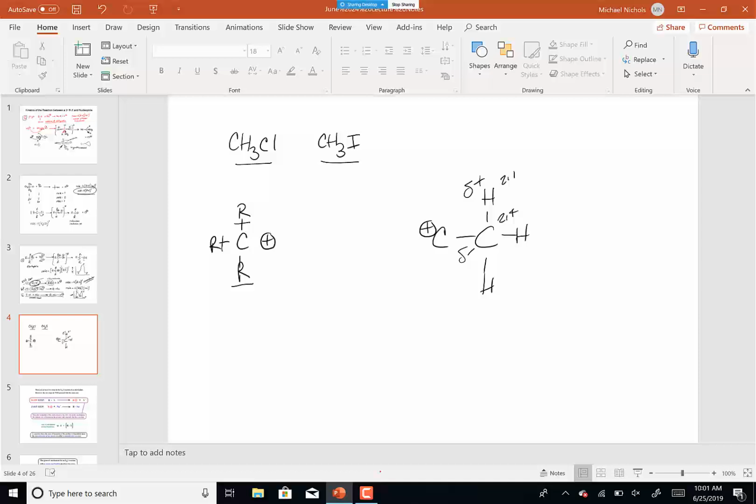So anytime you have an alkyl group, the carbon is going to have a little bit of electron density. Where did it get it? From the hydrogens. So now that carbon has a little bit of electron density, what can it do with that? It can share it with that C+.